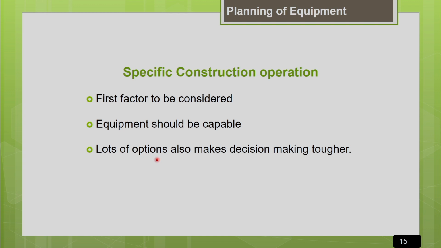As I told you earlier, a lot of options are nowadays available in the construction equipment market, which makes decision making tougher for the project planner. In that case, he has to work out the economics of different options, and whichever equipment gives him the lowest unit production cost, he has to go for that option.